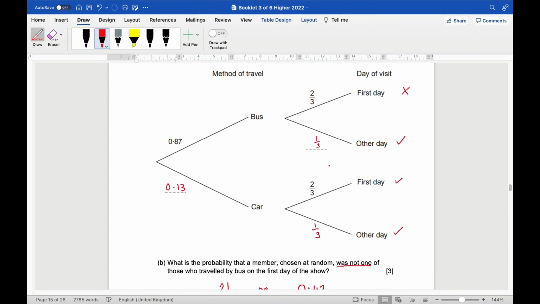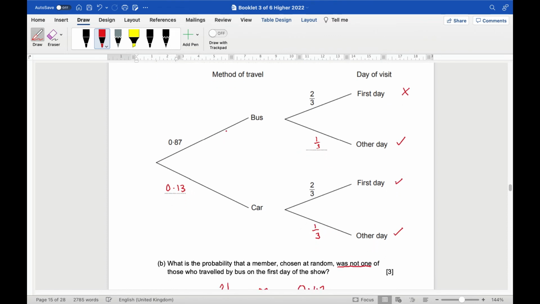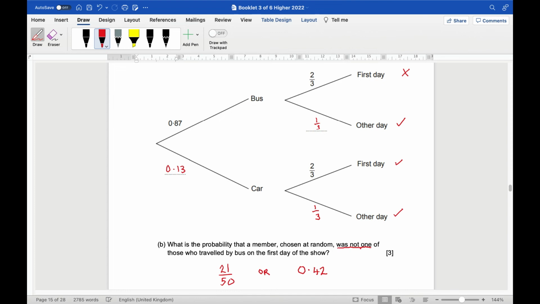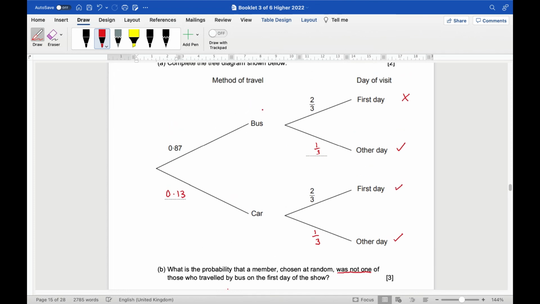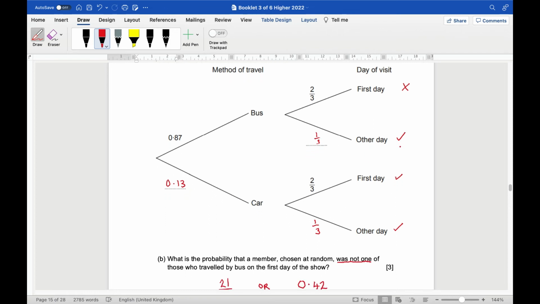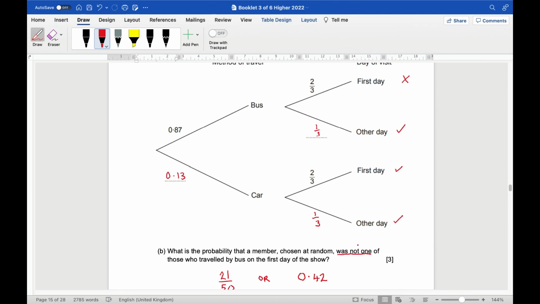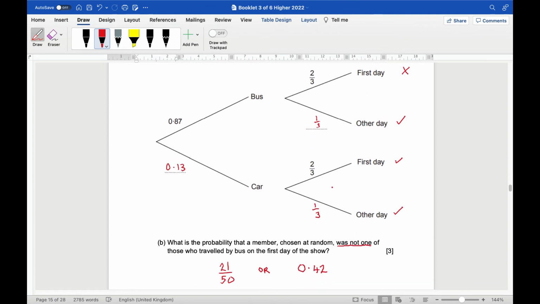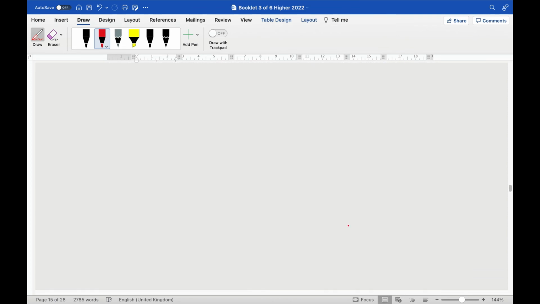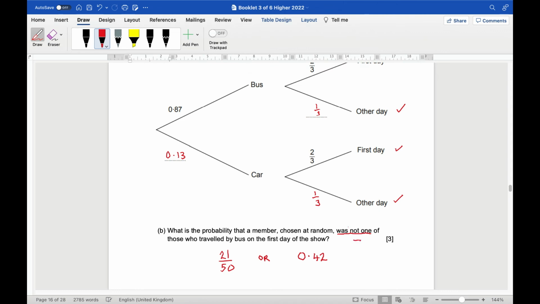So I'm almost thinking, okay, if you went up this path, you went by bus on the first day of the show, which is not what I want. Okay? If you go up and then down, you went by bus on another day, which is okay. Yeah? Or if you do either of the bottom two, car first day or car other day, and I've ticked all of the combinations that work. The only one I haven't ticked is the people who did go by bus on the first day, because it is not those that I want.